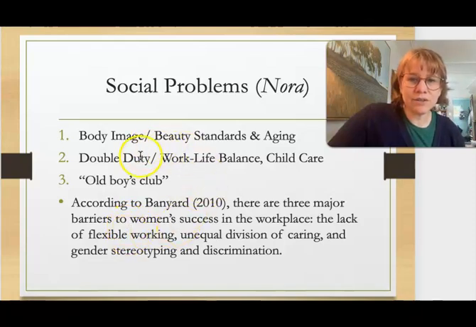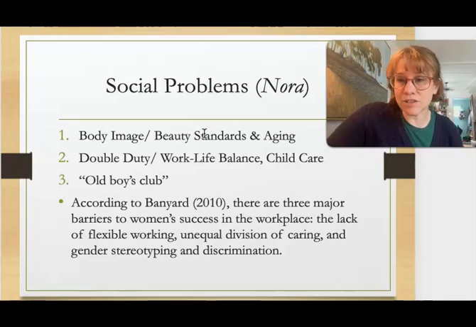In regards to the workplace, that's a whole other set of social problems for women and for this character of Nora. The environment that she works in has a certain expectation, and she feels maybe a little bit of pressure to fulfill beauty standards.